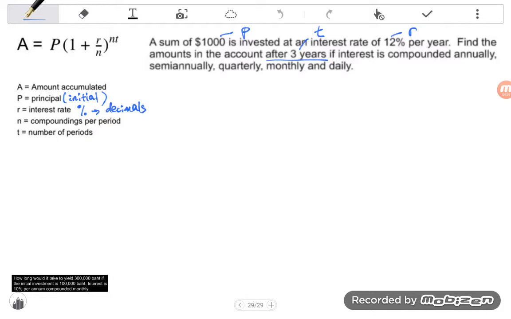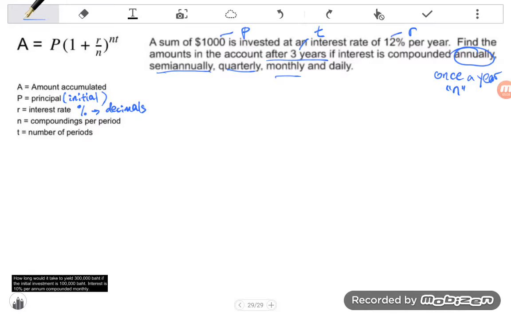Let's continue to read it. If interest is compounded annually, which means once a year, this is my N. Once a year, that's my N. Then semi-annually, quarterly, monthly, and daily.